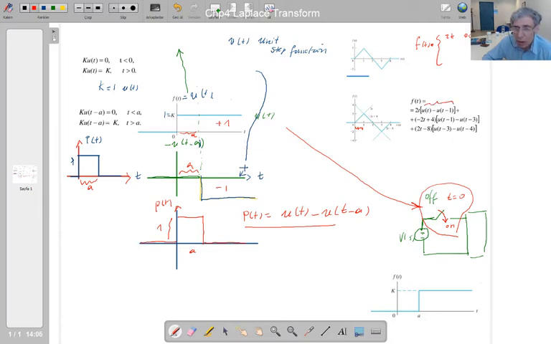If you multiply this pulse function with that function here, the 2t function, you're going to get this only, isn't it? So after t bigger than 1, it's going to be 0, because the pulse after 1 is 0. The pulse before 0 is 0.